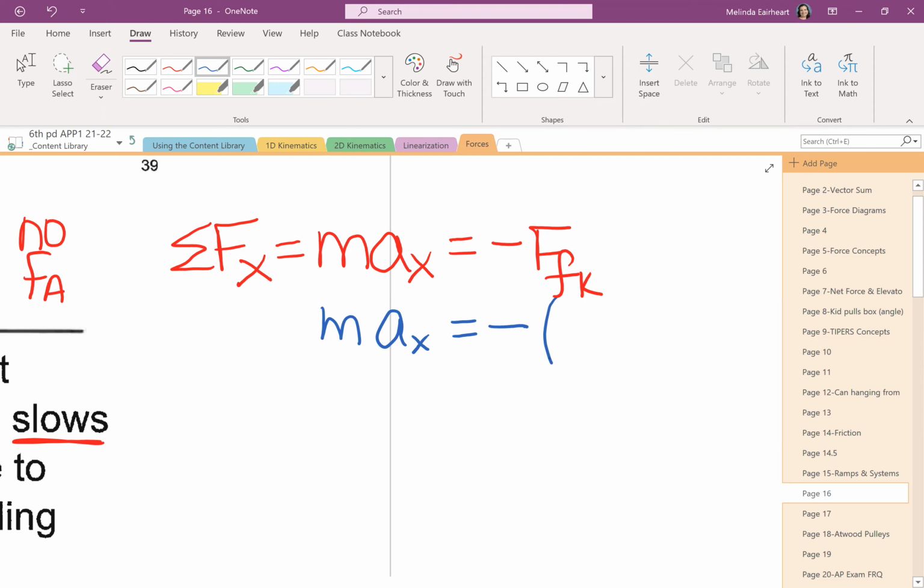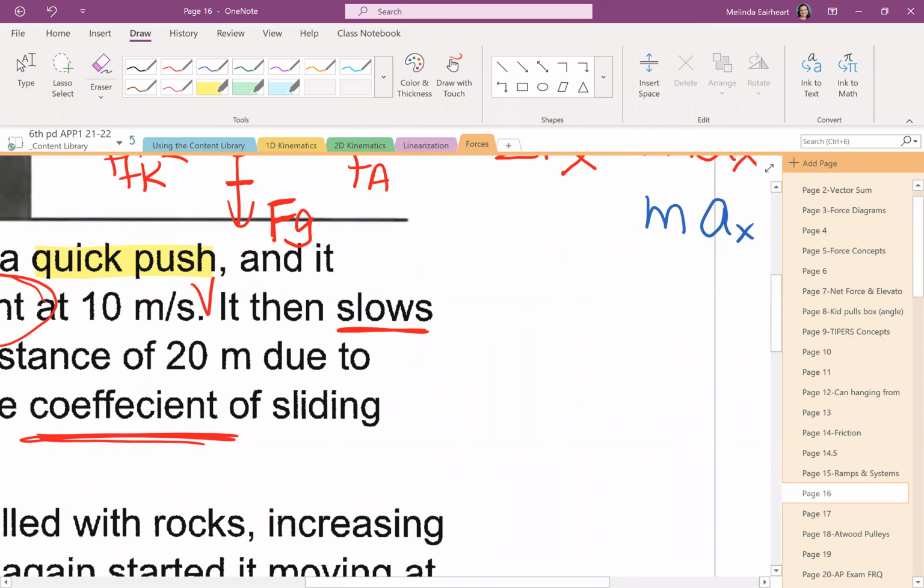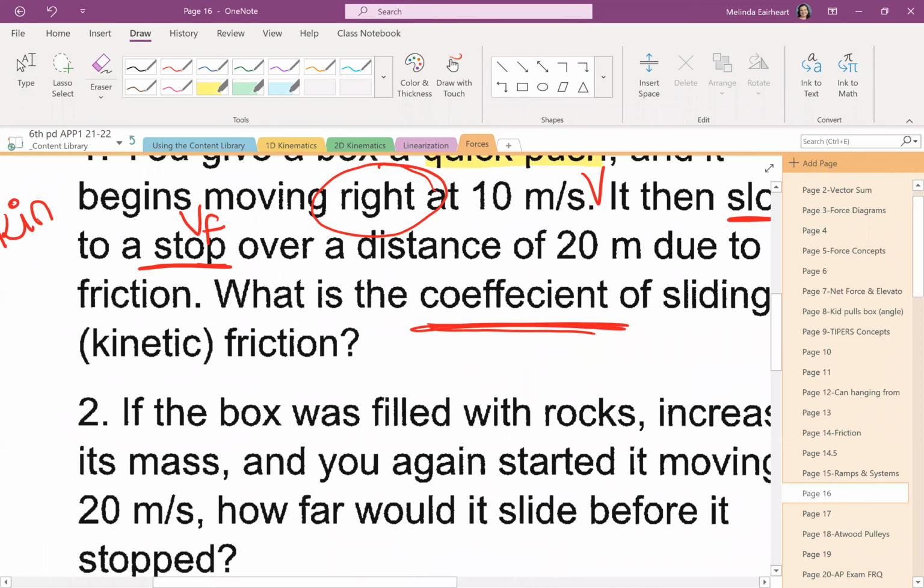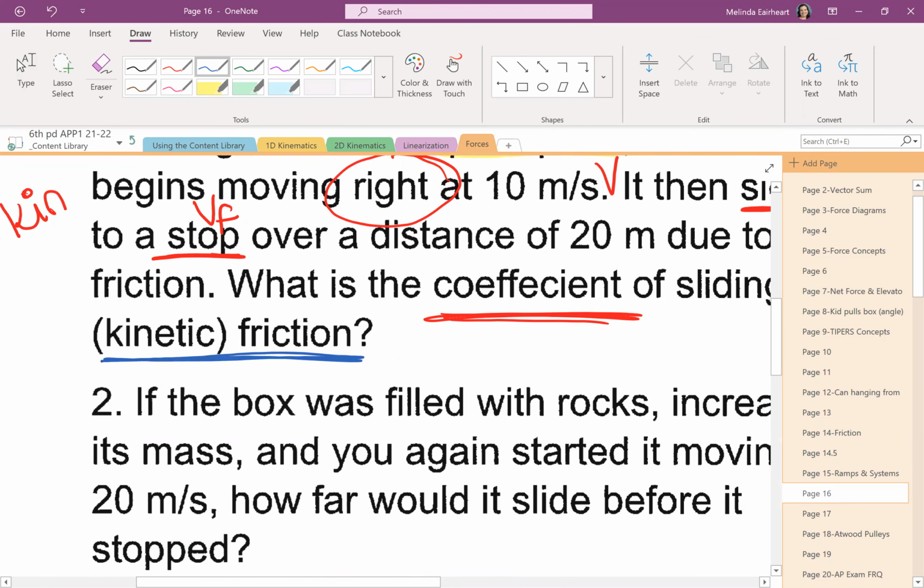Yes, it's the coefficient of friction. It's that Greek symbol mu. You can just say coefficient of friction. And kinetic, because they told us they want us to solve for the coefficient of sliding, AKA kinetic friction. Plus we're looking at the portion where it's in motion. Remember, kinetic is motion, moving.